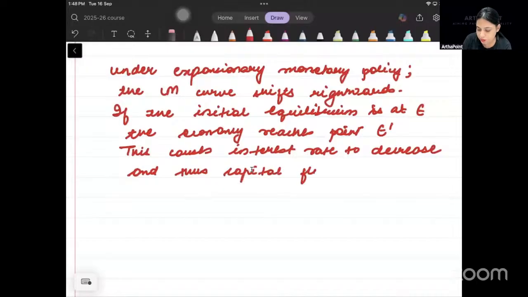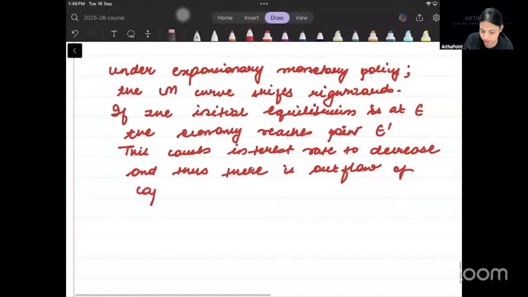The interest rate has decreased, and thus capital flows out. Outwards will not be a right word. So you can say, and thus there is outflow of capital. That makes more correct wording. The capital is moving out.